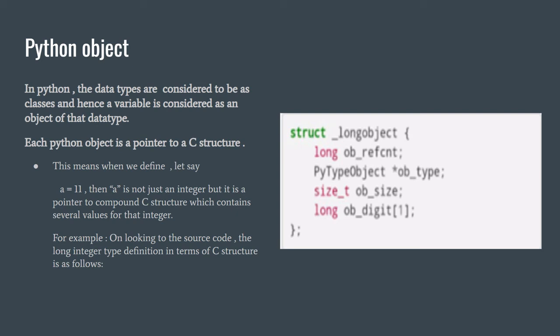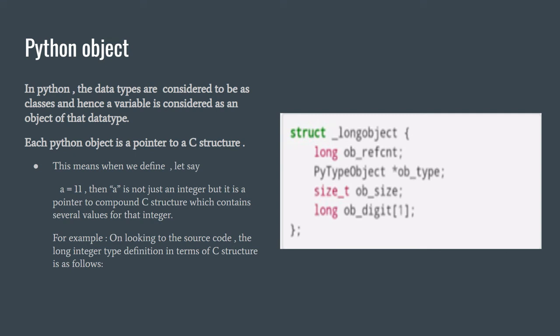For example, you can see the following example. Let's say that we have assigned value 11 to A. Then A is not just an integer, but it is a pointer to a compound C structure which contains several values for that integer. For example, on looking at the source code written adjacent to it, the long integer type definition in terms of C structure is as follows.